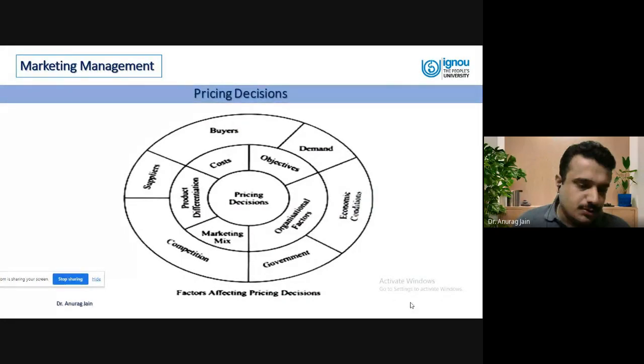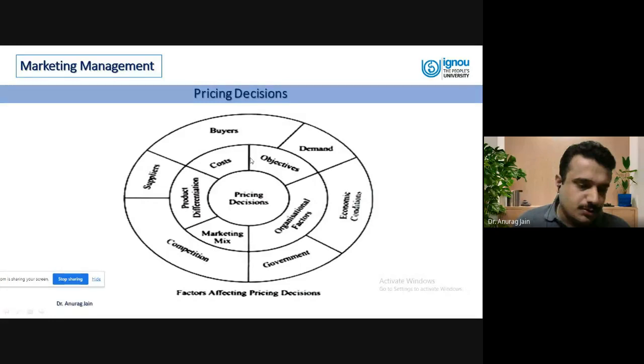So what are those factors which impact your pricing? The inner circle which you are seeing over here, outside this pricing decision, these are known as the internal factors, and you have a certain amount of control over these, right? So let us first discuss these internal factors, then we'll come to the external factors which you are seeing in the external circle.